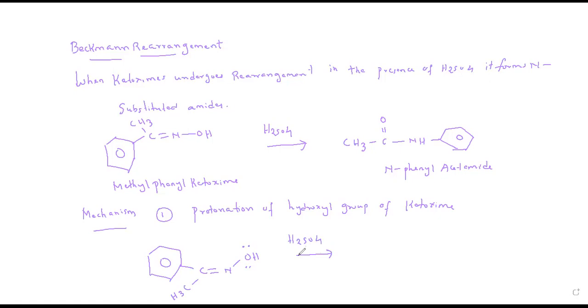When sulfuric acid undergoes dissociation, you will get H plus and HSO4 minus. This H plus can be stabilized by this oxygen, which has two lone pairs of electrons. Oxygen is ready to donate its lone pair of electrons to this H plus ion.